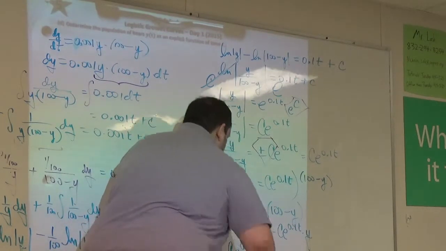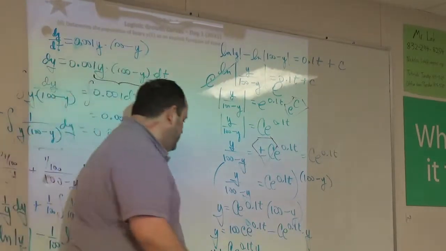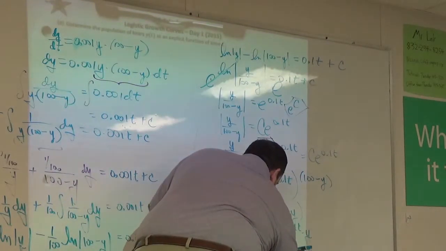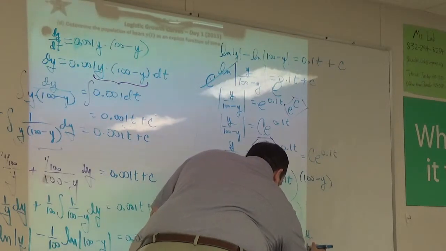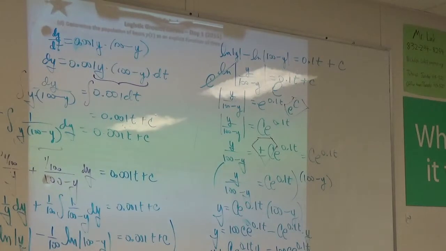We're going to add the c e to the 0.1 t times y over to the left. And on the right, you've got 100 c e to the 0.1 t. And what I heard you say was factor out the y. Is that legal? Yes. And that's better because look at what you have now.